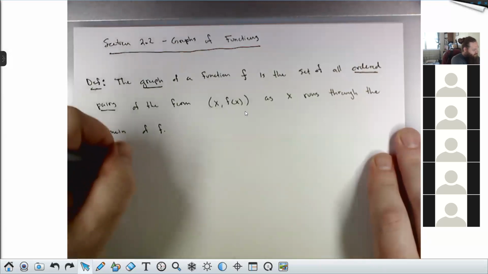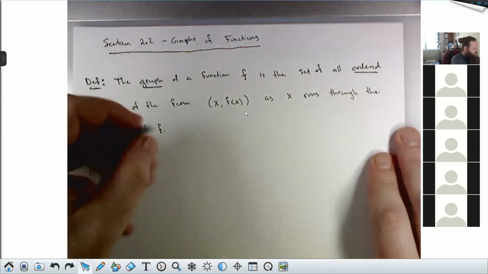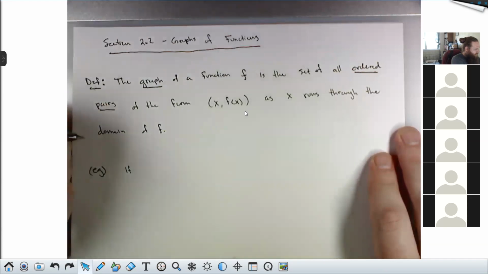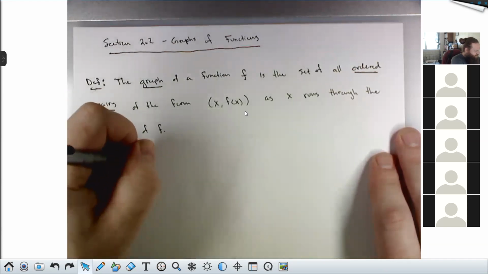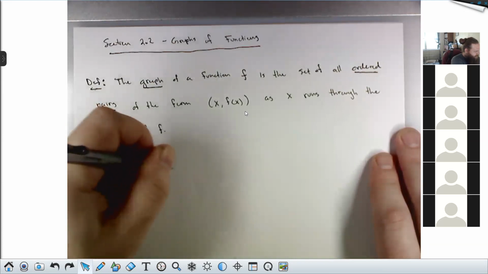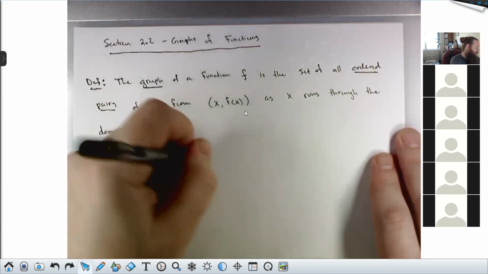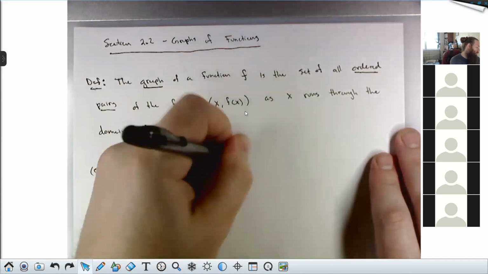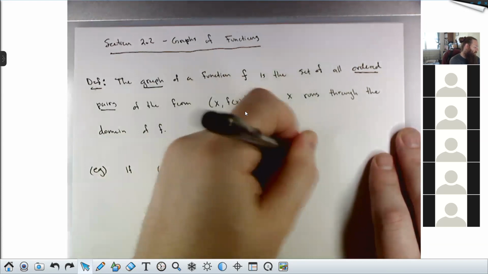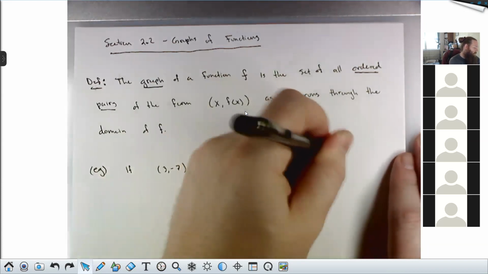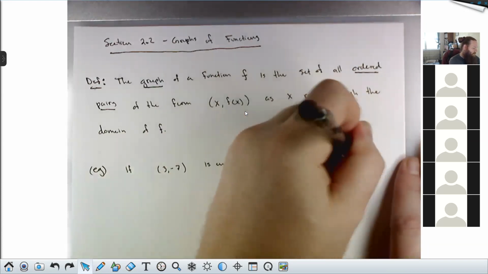Let's do it like this. If 3 comma -7 is on the graph of f, what is f of 3?